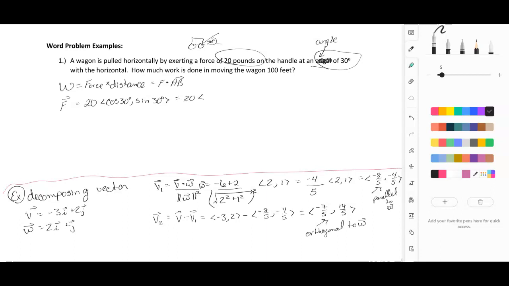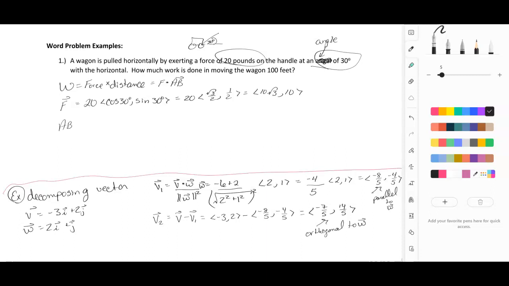Cosine of 30 degrees is square root of 3 over 2. Sine of 30 degrees is 1/2. So if I were to multiply through, I'm just going to simplify this as far as I can. I'm going to end up with 10 square root of 3 and 10.